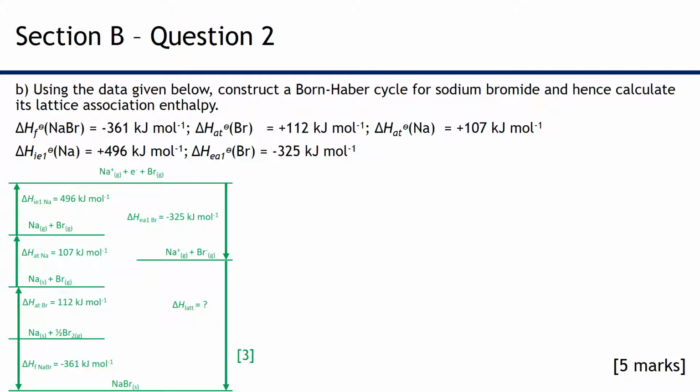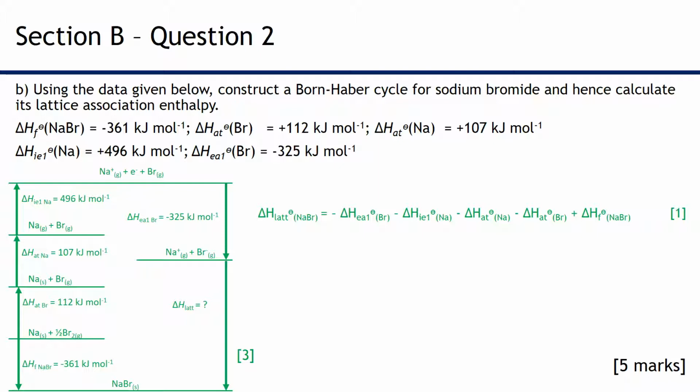This Born-Haber cycle overall is worth 3 marks. That's roughly half a mark for each stage in the cycle. You can then calculate the lattice enthalpy by working backwards from the sodium and bromine ions through the electron affinity, through the ionization enthalpy, through the atomization energies of both of them.